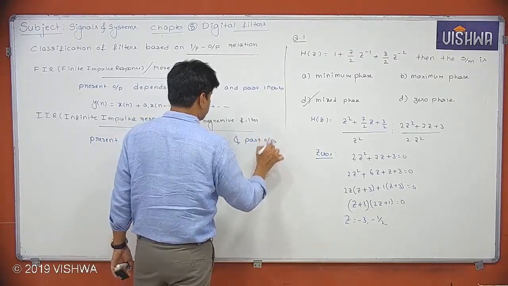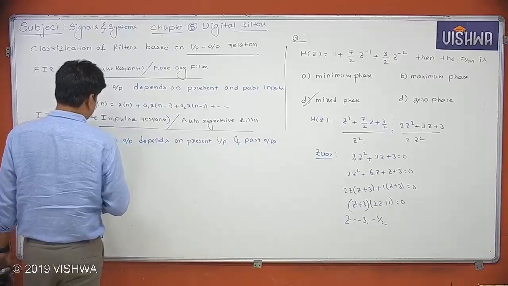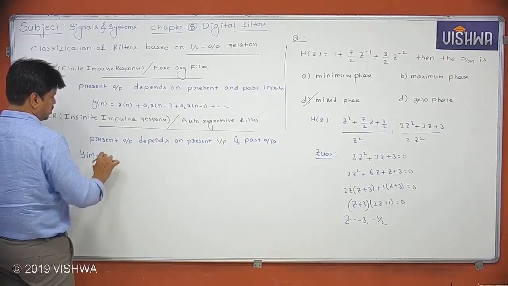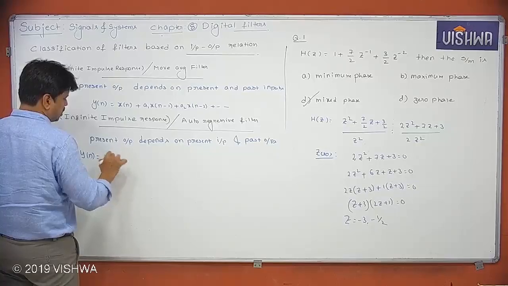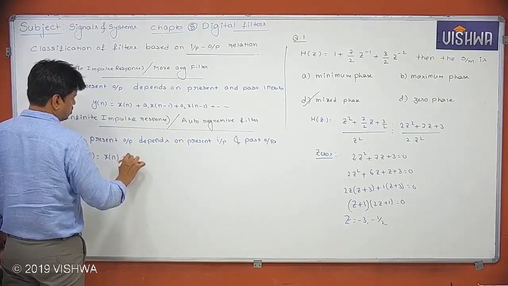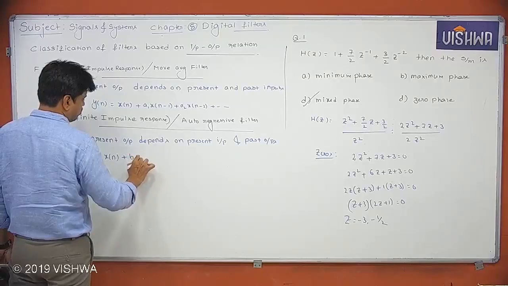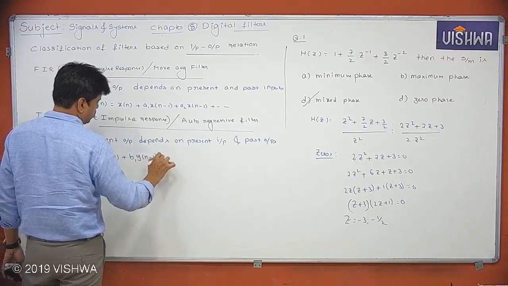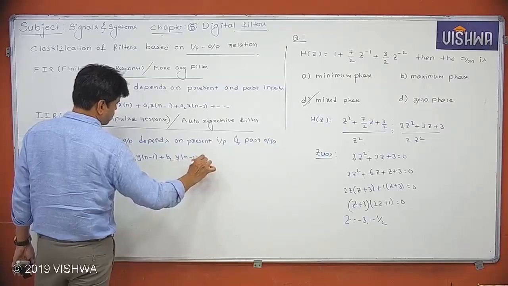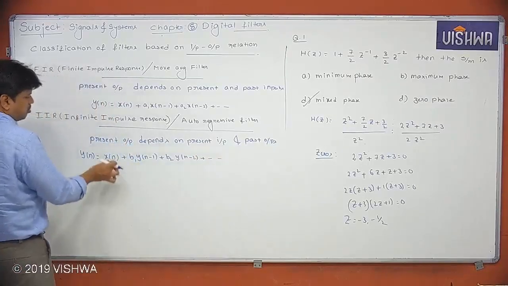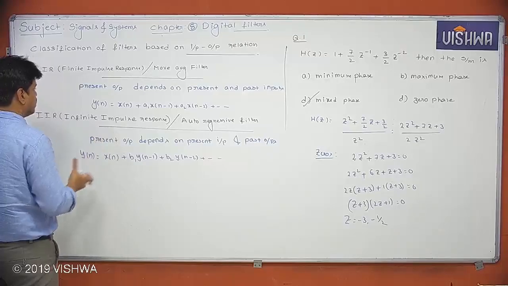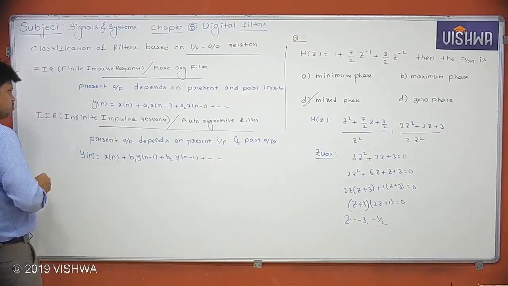It looks like this: y of n, present input x of n, and no past inputs, so it is going to be plus b1 y of n minus 1 plus b2 y of n minus 2 plus and so on. So present input, past outputs, then we can call it an IIR filter or autoregressive filter.